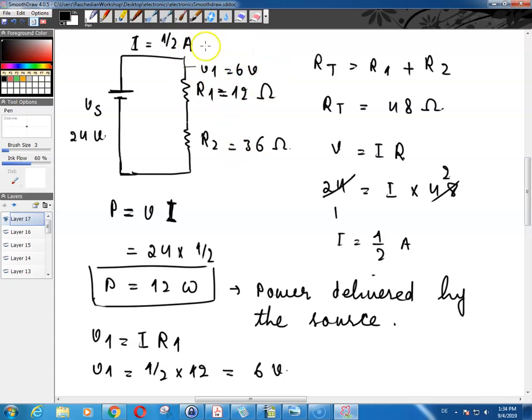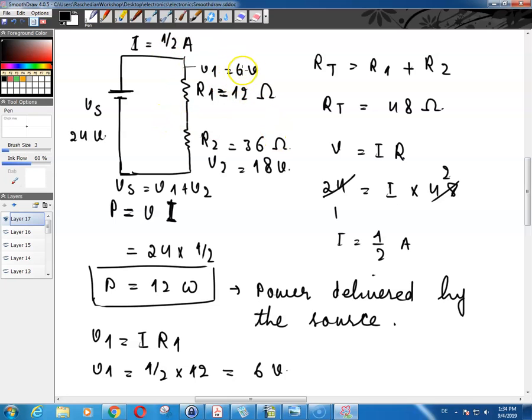Since V1 is equal to 6 volts, of course the rest of the power supply voltage is going to be dropped across the other resistor, meaning that 24 minus 6 is equal to 18. So V2 is equal to 18 volts, because 18 plus 6 is equal to 24 volts. Because you know that V of S in this circuit is equal to V1 plus V2, right?